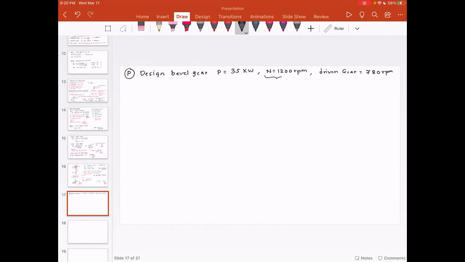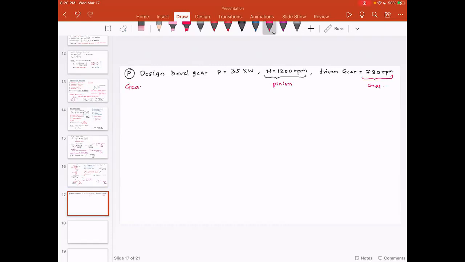So this is the pinion and this is the gear. The bevel gears are at 90 degrees.